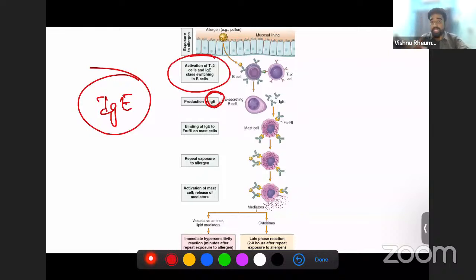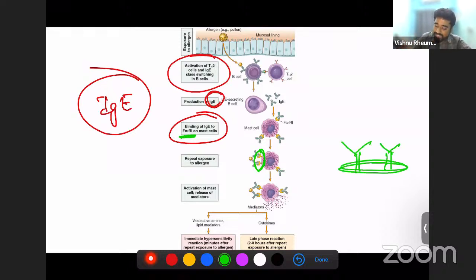Those IgE will bind to the mast cell on the surface. The surface has Fc epsilon R1 receptors for IgE, and after binding, the Fc portion of the IgE will cross-link. Once that cross-linking occurs, there is mast cell degranulation.